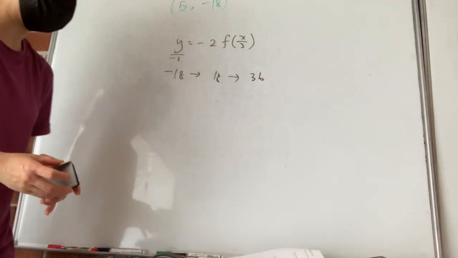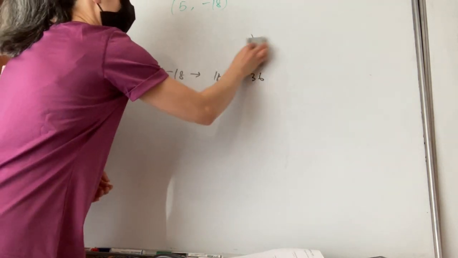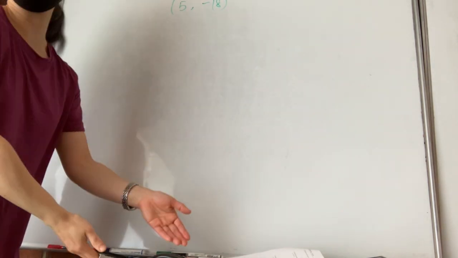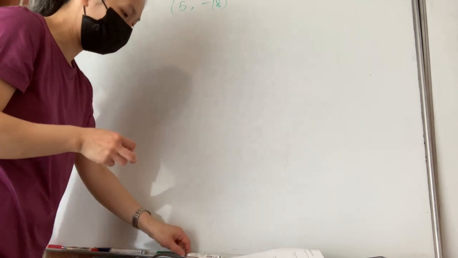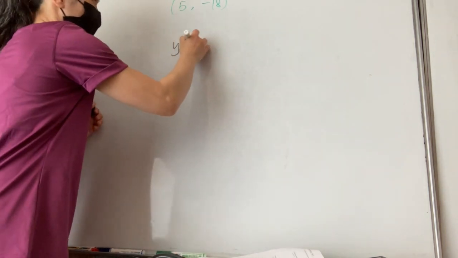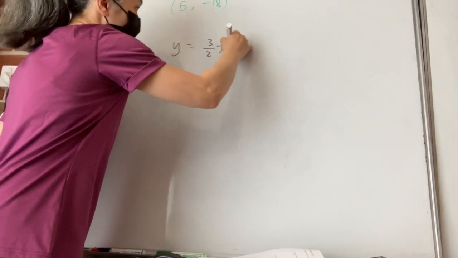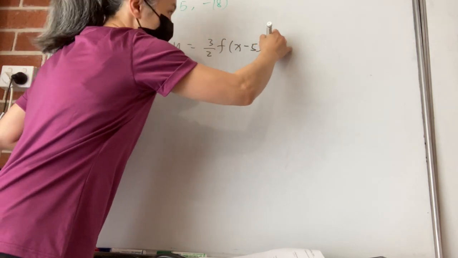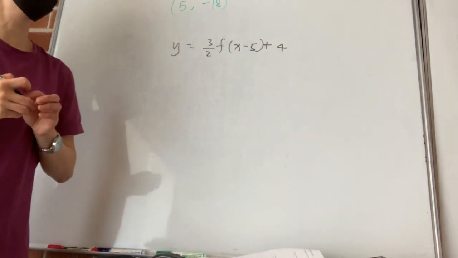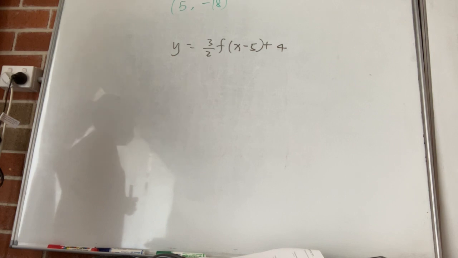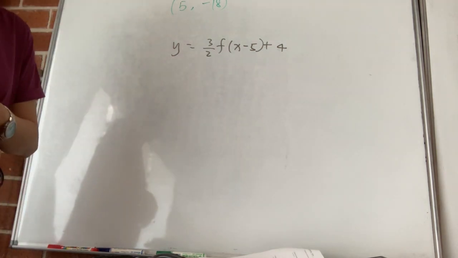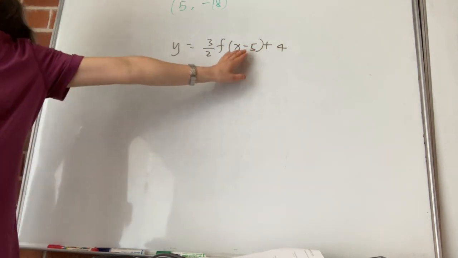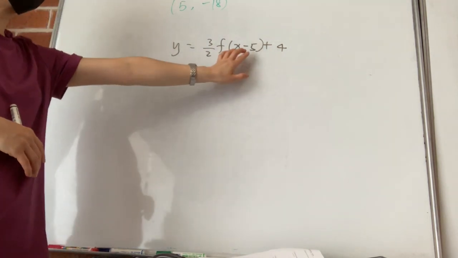It gets a bit more complex now. This will be your typical exam question, where they ask you to transform a particular point to somewhere else. For this one, your x doesn't have dilation, right? So what does the minus 5 mean?